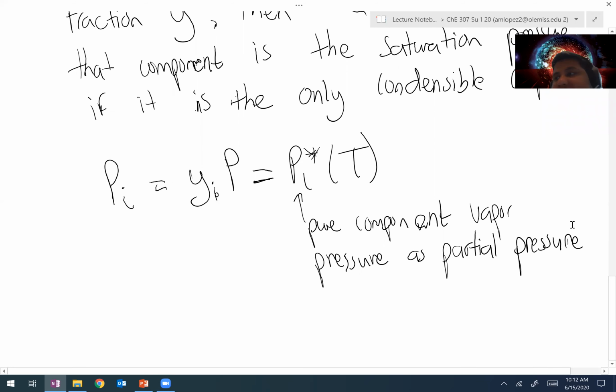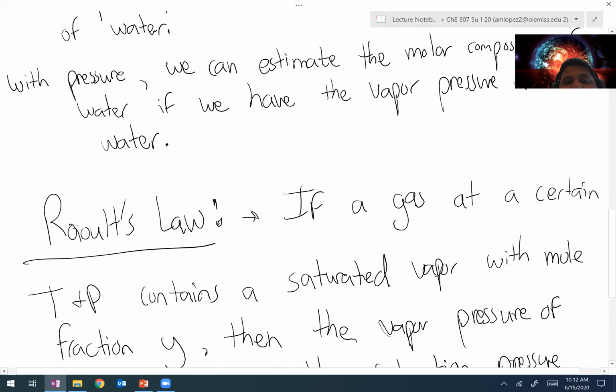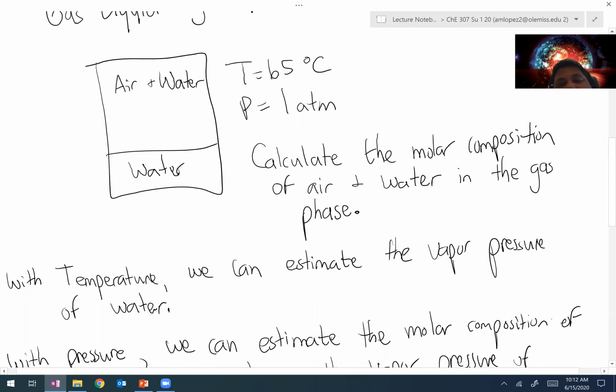And that's an important thing to note. With this information, we can calculate the vapor pressure of the water using Antoine's equation. And with the vapor pressure, we can estimate the mole fraction of water in the air, because in the system that we have with air and water, water is the only condensable component.